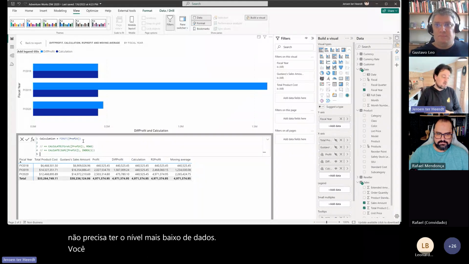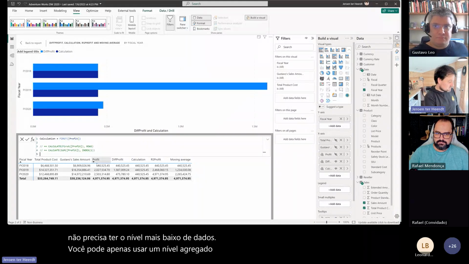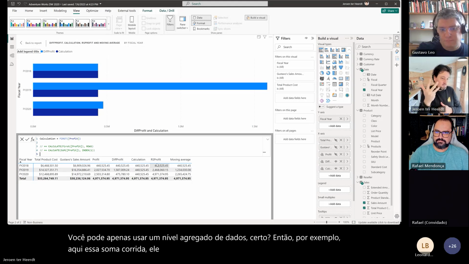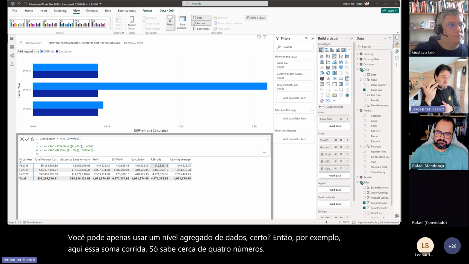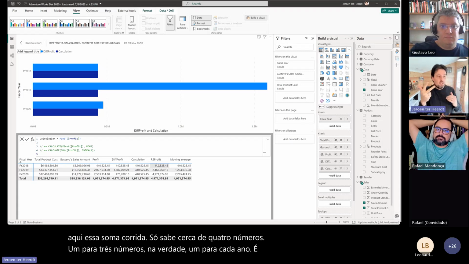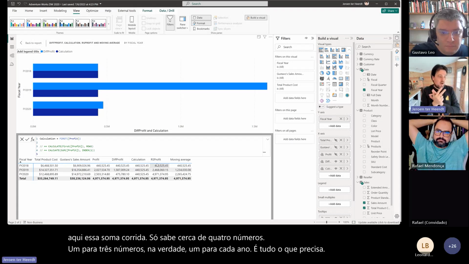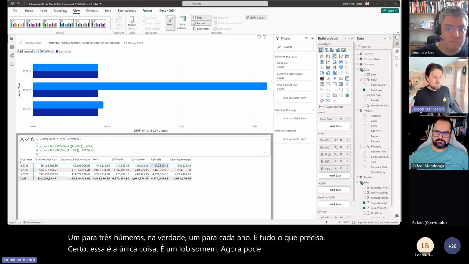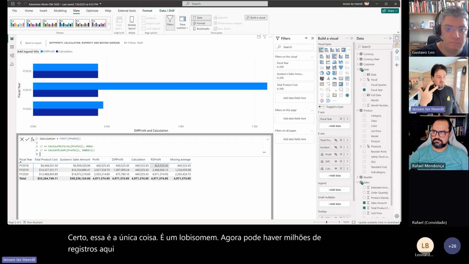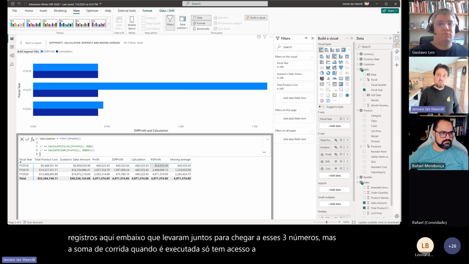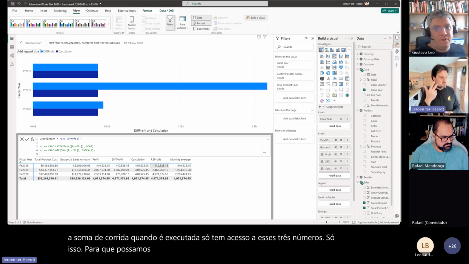For example, this running sum only knows about 3 numbers, one for each year. There could be millions of records under here that came to those 3 numbers, but the running sum only has access to these 3 numbers. So we can safely assume that Power BI will be very fast to do this.